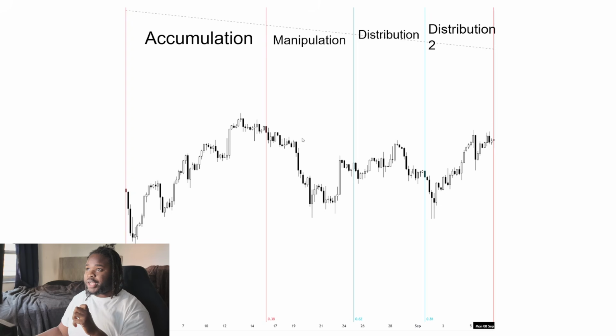So our 3, our 6, manipulating all the way back into accumulation, mitigate. We have an impulse higher, and then our distribution phase goes higher, retraces to sweep the manipulation leg, and then continues back to the main trend, right? So this is the accumulation, manipulation, and distribution cycles, all right?